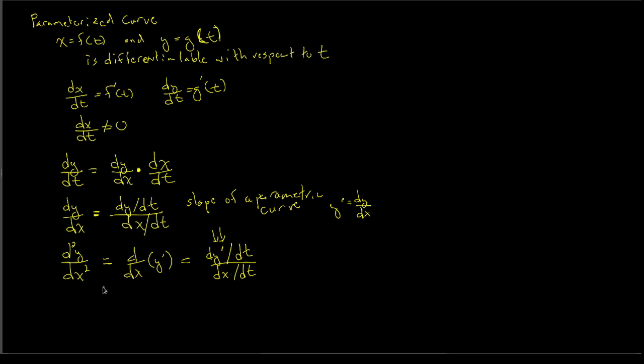And also given that dx/dt, of course, does not equal 0, we're able to find the second derivative, or how a curve is changing parametrically. So I'm going to go into examples.